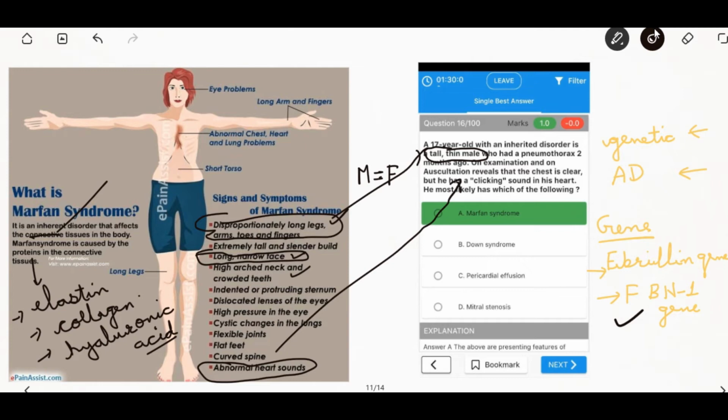The patient has long limbs compared to the trunk, as mentioned in the question. Another important feature of Marfan syndrome is the cardiovascular defect, as depicted in the question.